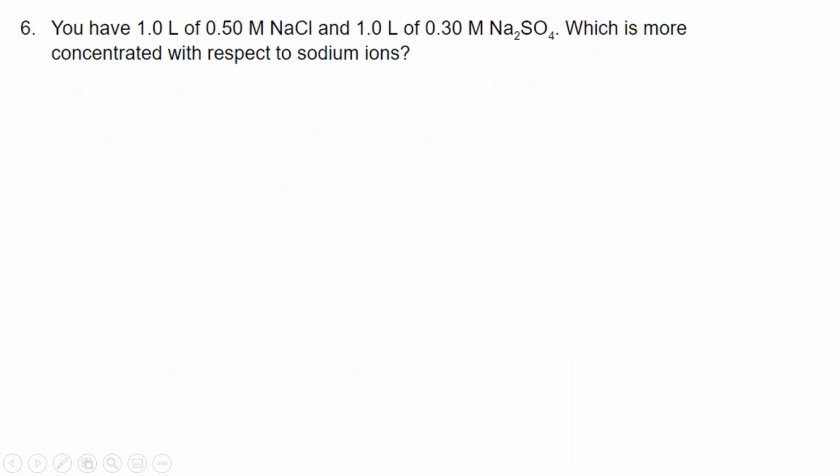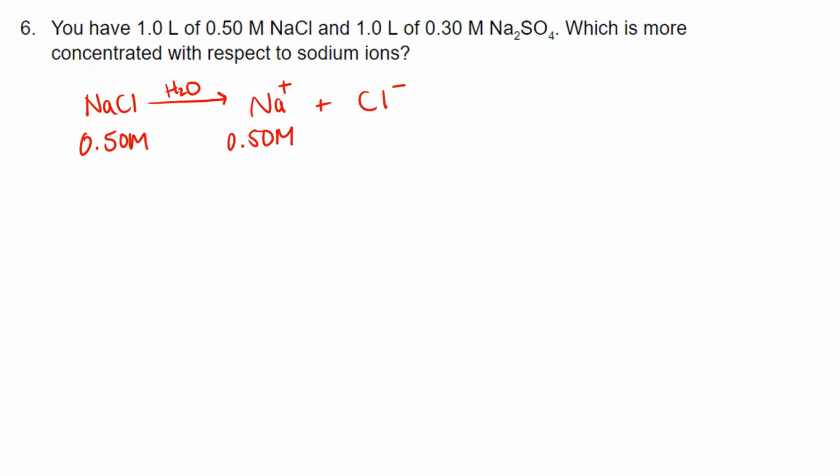Okay, so we have 1 liter of 0.5 molar NaCl and 1 liter of 0.3 molar sodium sulfate. Which one is more concentrated with respect to sodium? If you take sodium chloride and add it to water, it's going to break apart into sodium ion and chloride ion, and that ratio is 1 to 1. So if this is 0.50 molar, then this is 0.50 molar, and this is 0.50 molar because of the 1 to 1 stoichiometry.